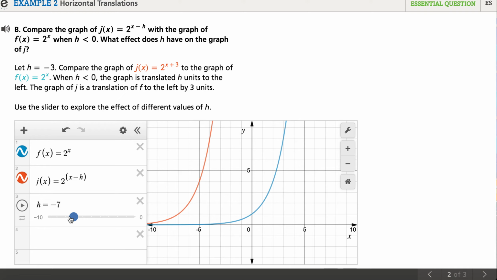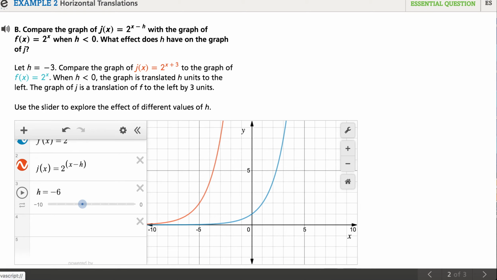Closer to 0, you see the difference is small. The smaller the numbers get, the larger the distance will be between the parent function and the new function.